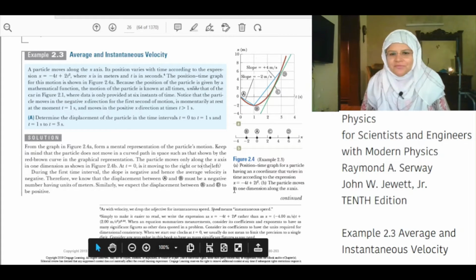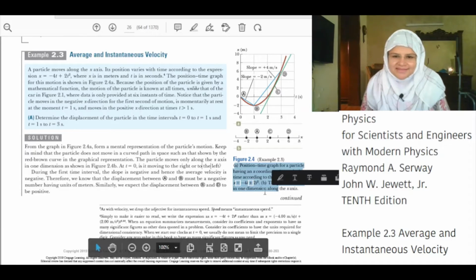Figure 2.4a: position-time graph for a particle having an x coordinate that varies in time according to the expression x equals -4t + 2t². Figure 2.4b: the particle moves in one dimension along the x-axis.